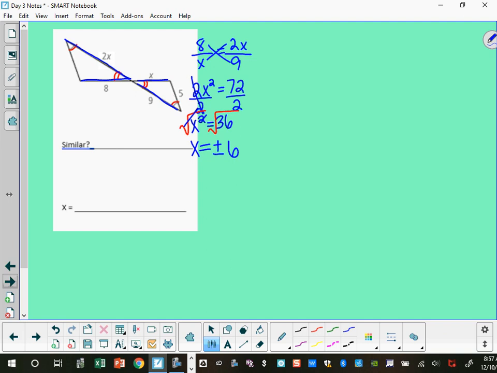So, I can prove that this is similar by side angle side similarity. And what do I write for x? Well, why do I not write plus or minus 6?